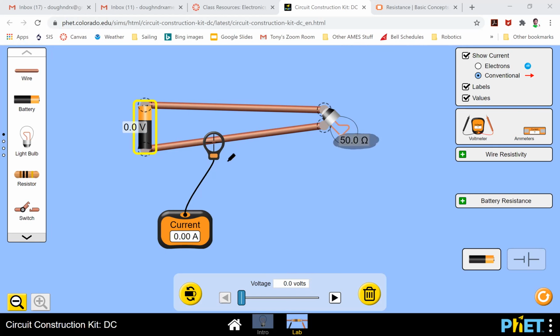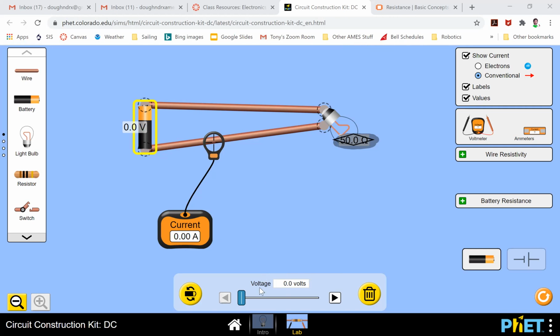Well, not very well blacked out. Pretend that that's completely blacked out, right? And so what I might do is say, I want you to adjust the voltage so that we get a current of, let's say, 0.5 amps.